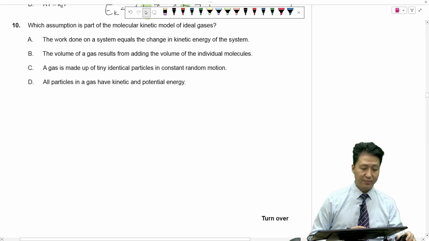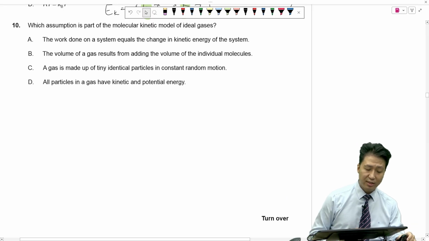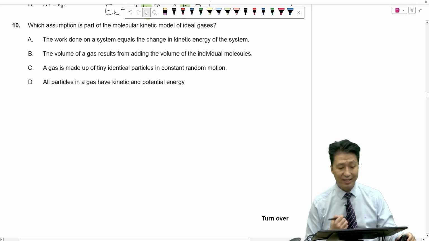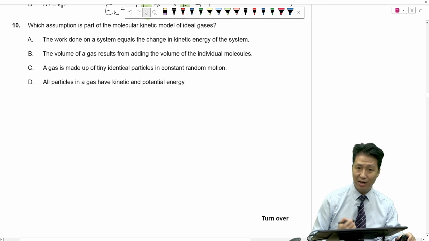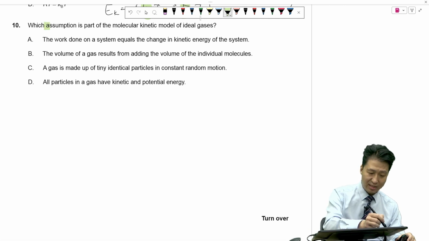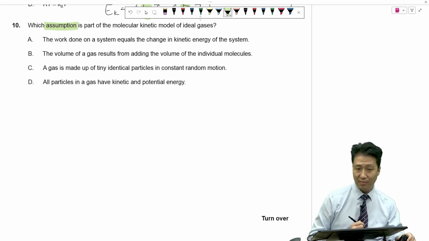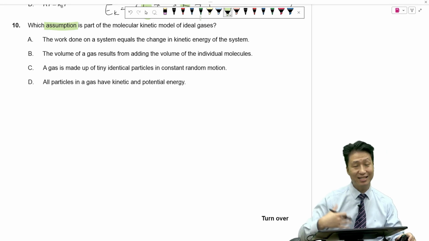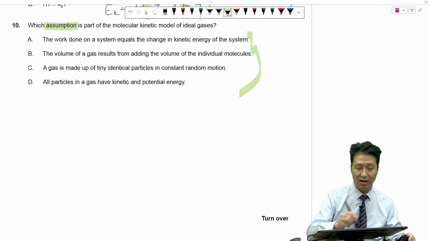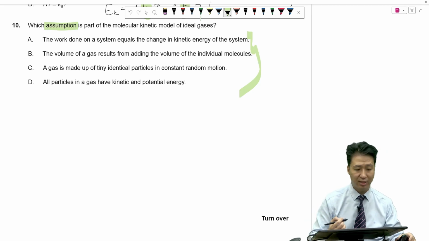What about question number 10? Question number 10 says, which assumption is part of the molecular kinetic model of ideal gases? I'm going to highlight the word assumption because there are several assumptions that you should know about ideal gases. Some of these are technically correct from the options, but they are not assumptions for ideal gases.